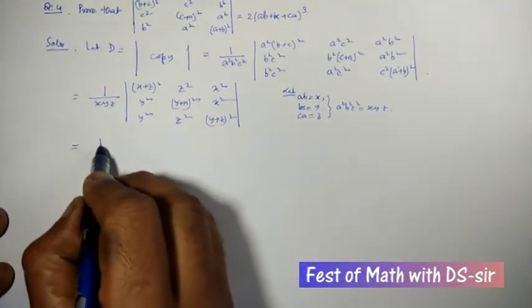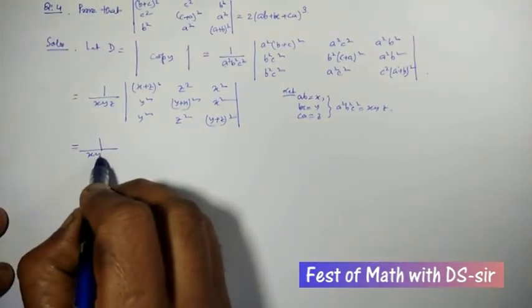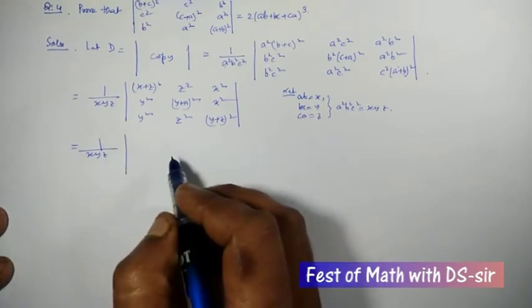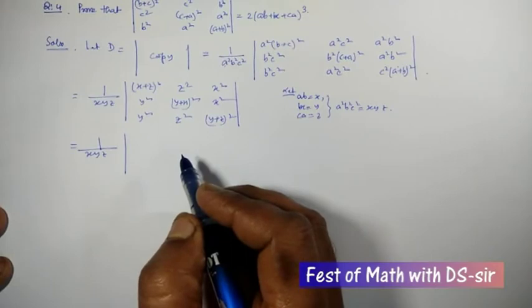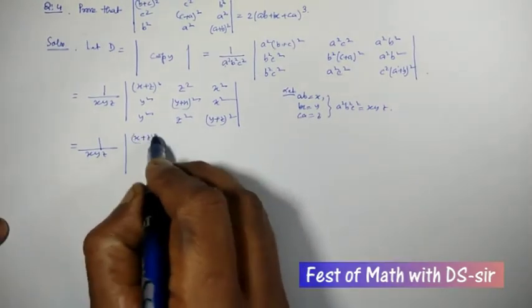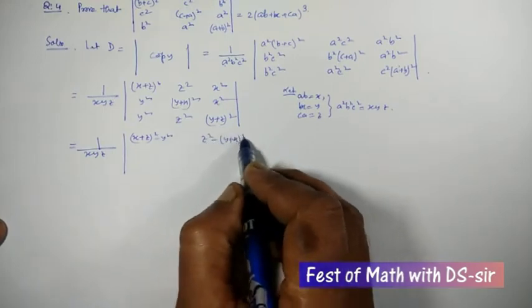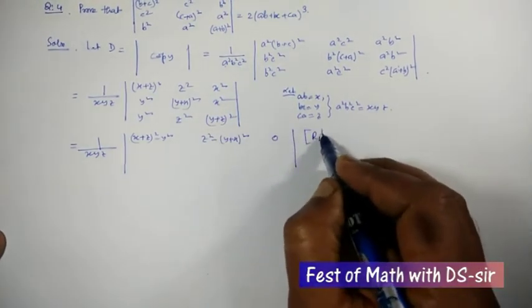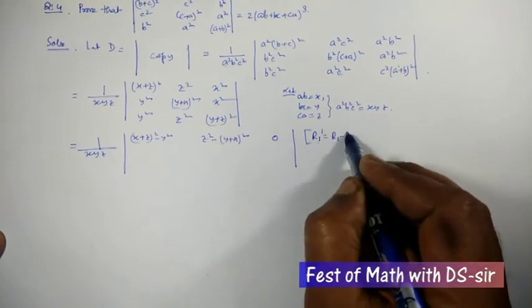Now in this XYZ, I subtract the second row from the first row. What do we get? R1 dash is equal to R1 minus R2.